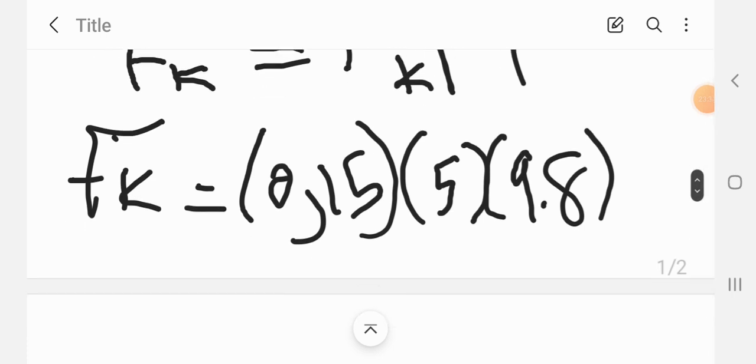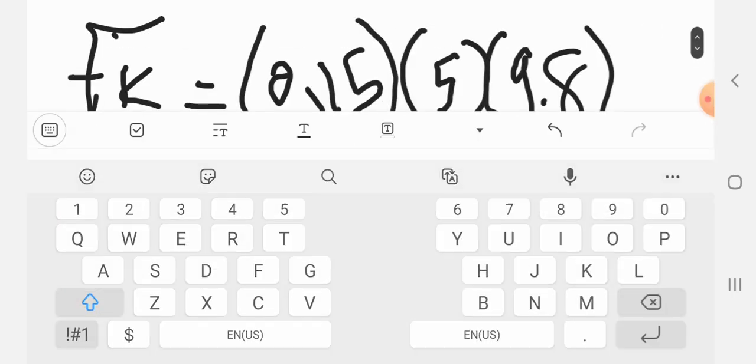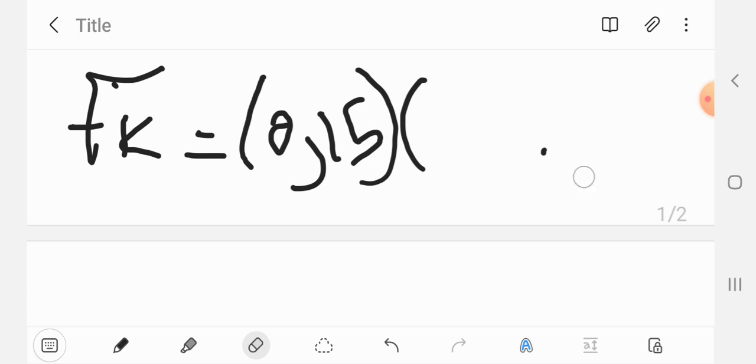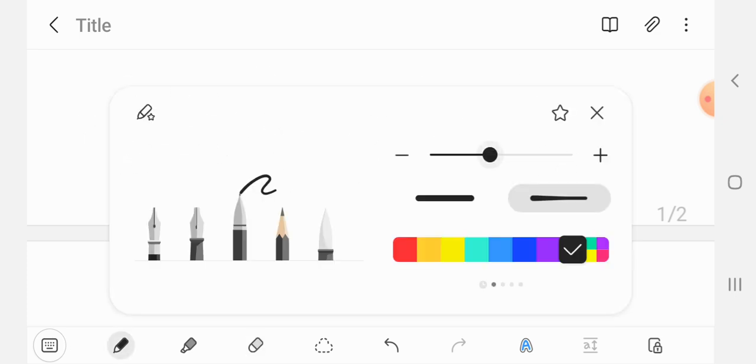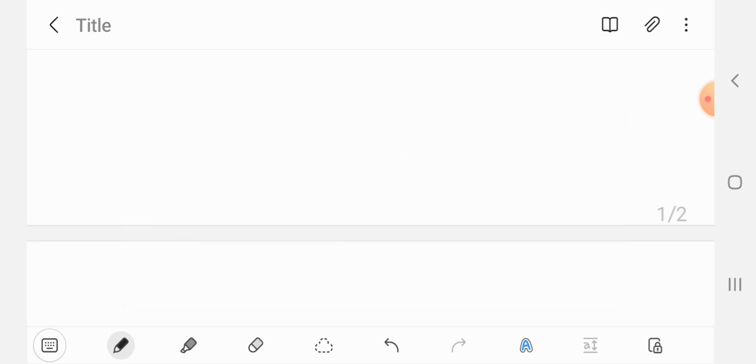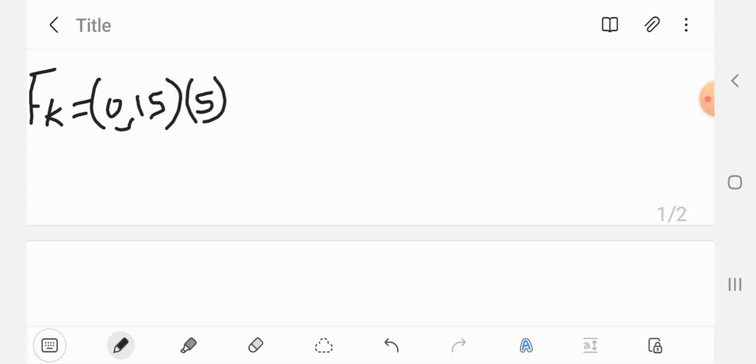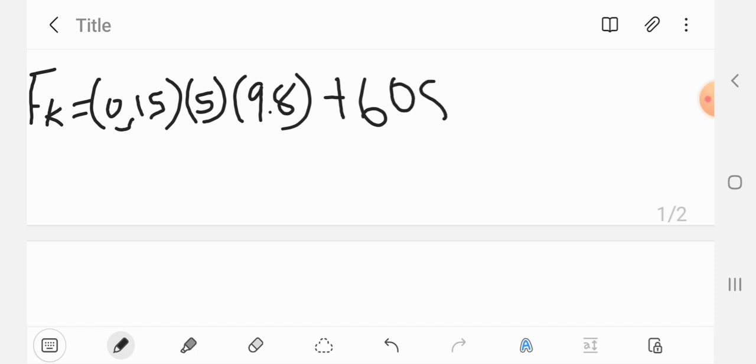Yeah, so here let's try to do it a bit smaller. So we say kinetic force equals 0.15, this is the coefficient, times 5, 9.8, that is for that, and then we have 60 sine 20 degrees.